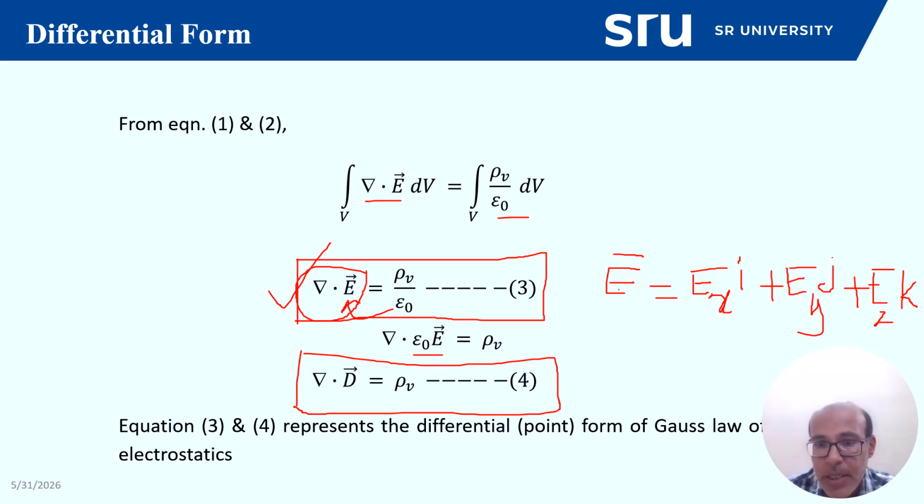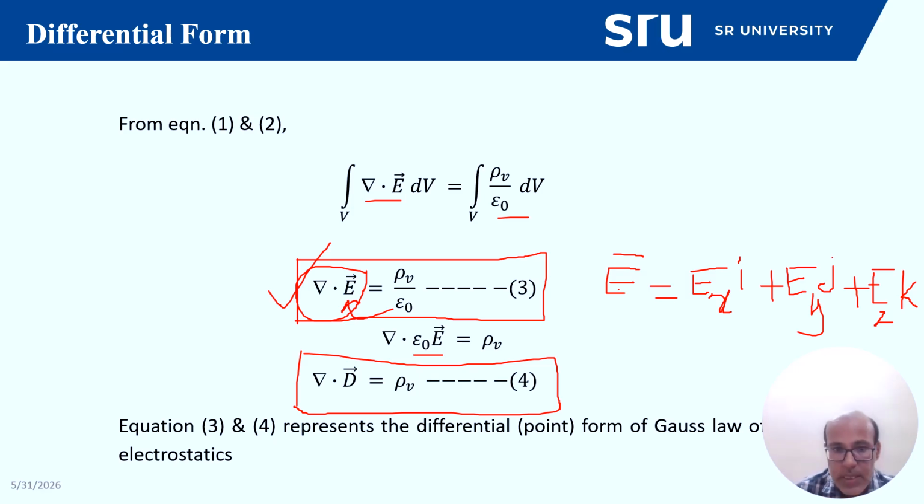i dou by dou x dot Ex i. So i dot i is 1, j dot j, k dot k. What happens is dou by dou x of Ex plus dou by dou y of Ey plus dou by dou z of Ez.